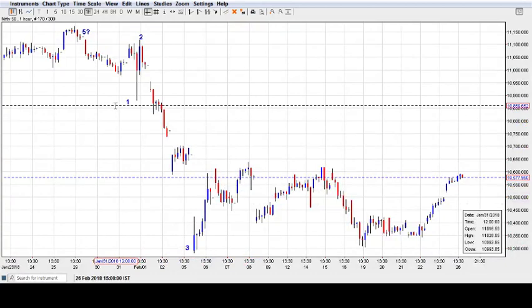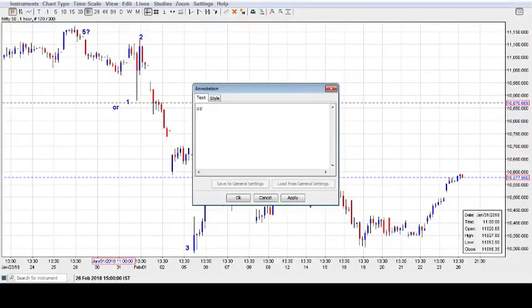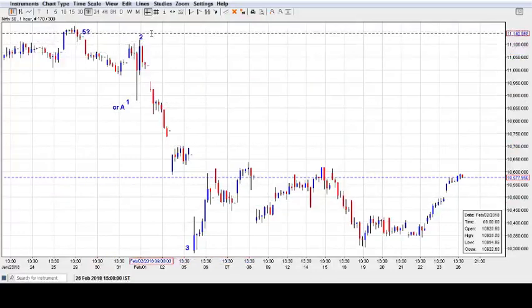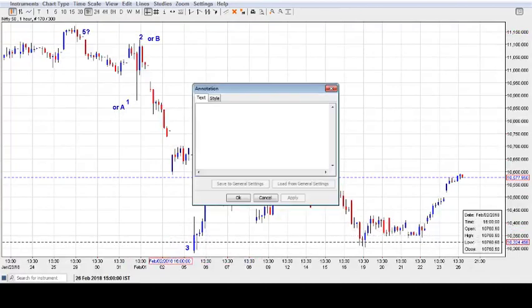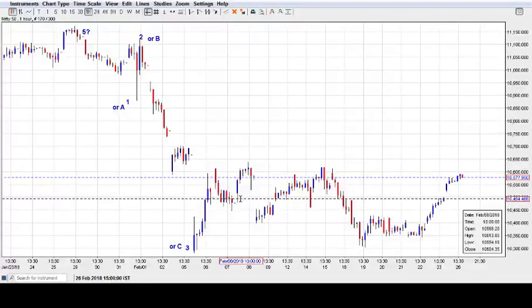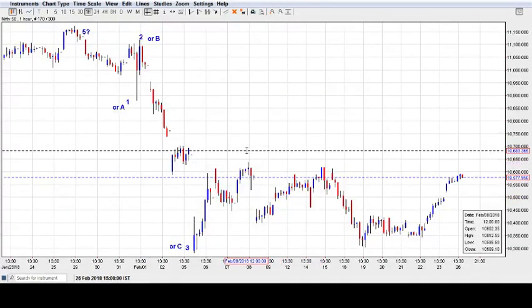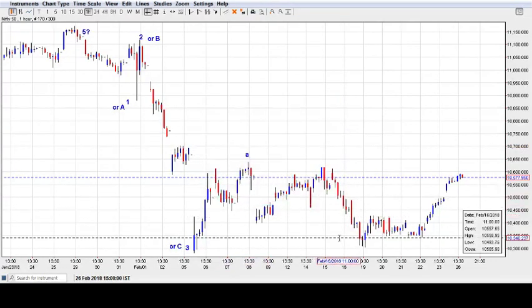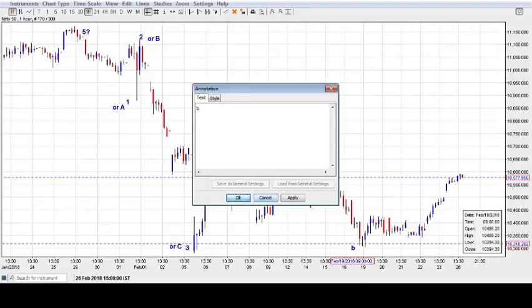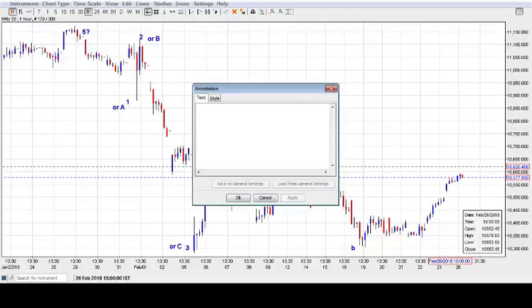So if it is 1 2 3, or if I may plot an ABC, the big question now is if at all it's an ABC, and what it has done until now looks like a consolidation.